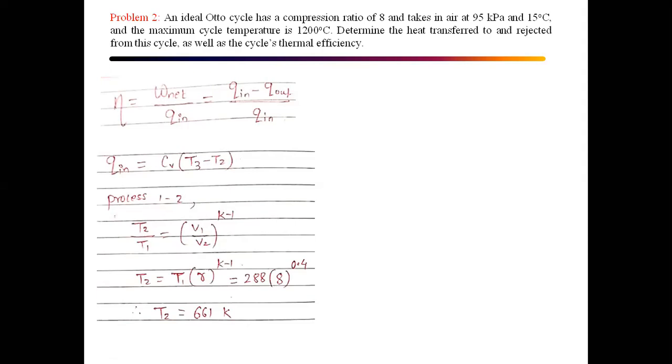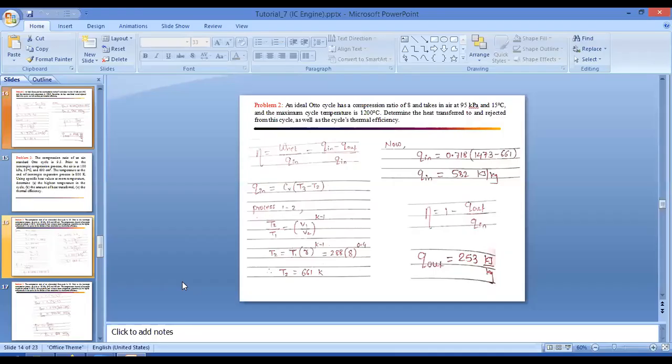In this case, temperature T1 is given, and V1 by V2, the ratio of maximum volume to minimum volume, is nothing but the compression ratio R, with K again as 1.4. So you will get the value of temperature T2. Now you need to keep one thing in mind while solving the numericals for the IC engine. You have to use the values of temperature only in Kelvin. Okay, use the value of temperature in Kelvin.